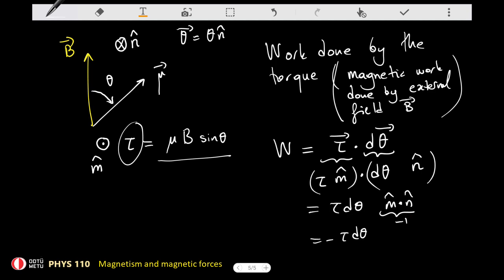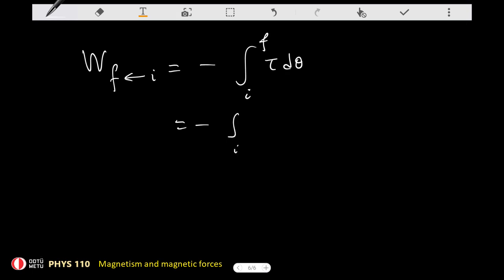Which means if I compute the work done in a process where the angle changes from i to f, then I need to integrate this from i to f. Right, and in that case I can write down the expression in here. So this is mu B sine theta d theta.